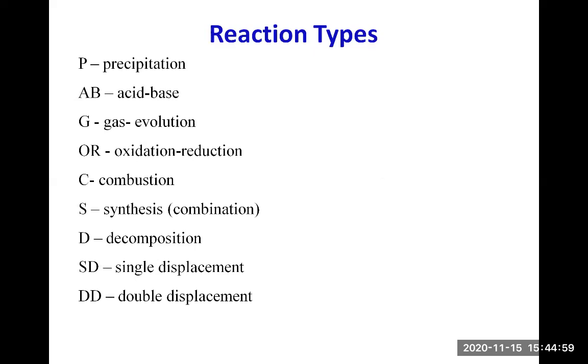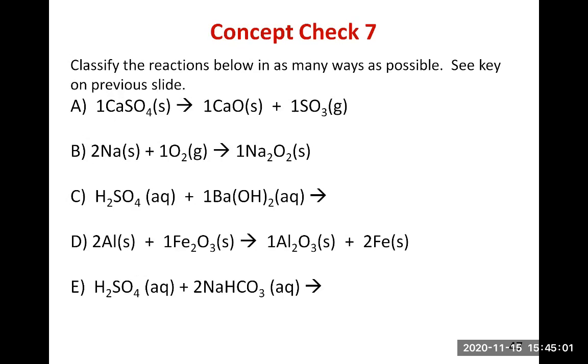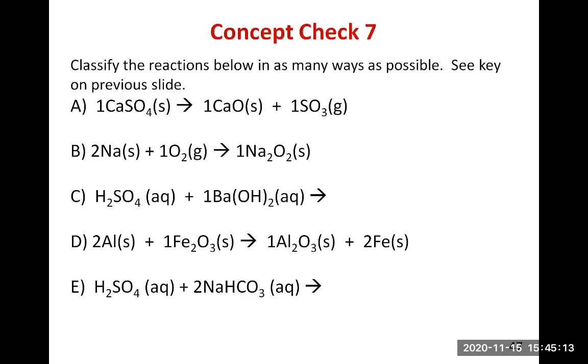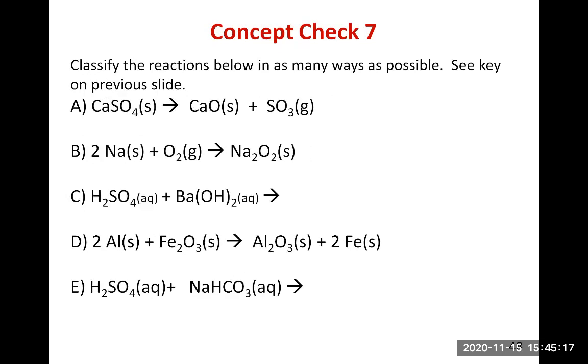So let's look at examples of reactions here and find all the ways that we can classify them. And we will use the key that we introduced in this slide. So the first reaction has calcium sulfate as a solid becoming calcium oxide as a solid and SO3 gas.